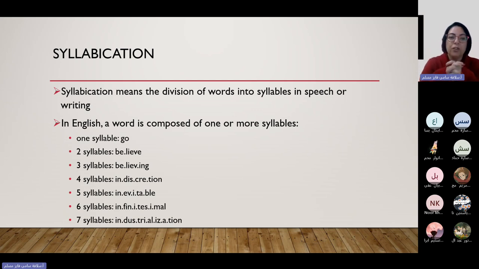Okay? So this is in brief what syllabication means, and why do we need to understand this for translation? Because the word meaning can change depending on how big the word is, meaning how many syllables it has, how much we can divide it, add to it, delete from it, okay?